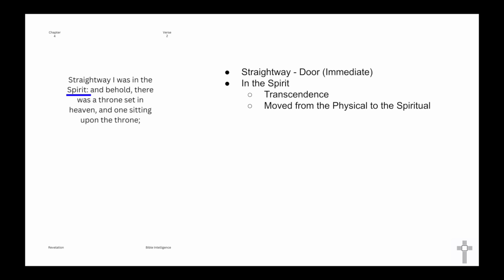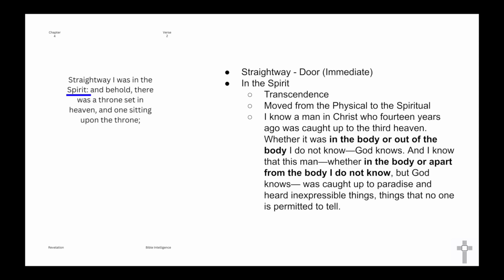And interestingly, there is a verse in 2 Corinthians where Paul says, I know a man in Christ who 14 years ago was caught up to the third heaven. Whether it was in the body or out of the body, I do not know. God knows. And I know that this man, whether in the body or apart from the body, I do not know, but God knows, was caught up to paradise and heard inexpressible things that no one is permitted to tell.